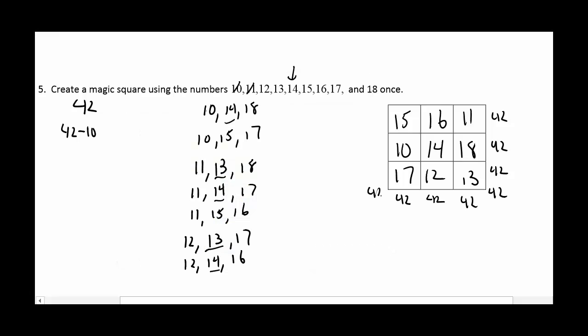Okay, so that is the correct answer. Now you may have it sort of in different order, but 14 would be in the middle. If your 16 is down at the bottom, then your 12 would be up top. So your orientation might be different, but the pattern of the numbers would be the exact same.